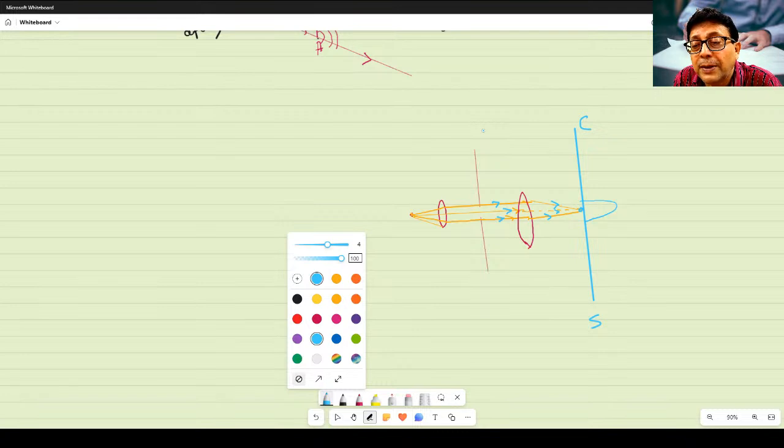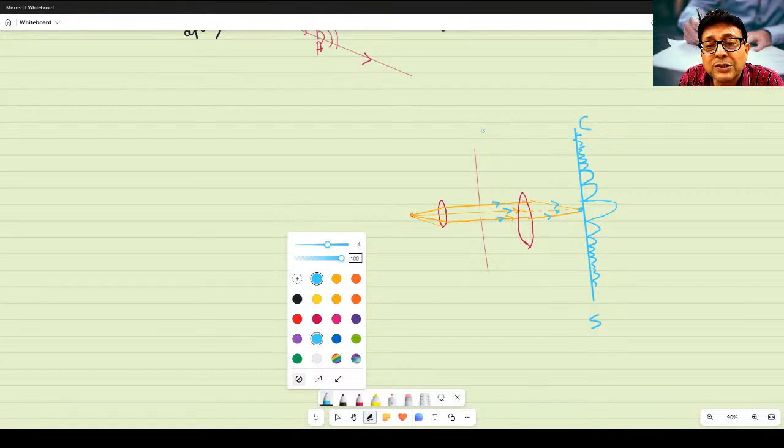And this intensity of light you will observe after this also. The pattern of light fringe will be like this. So what do you observe there?